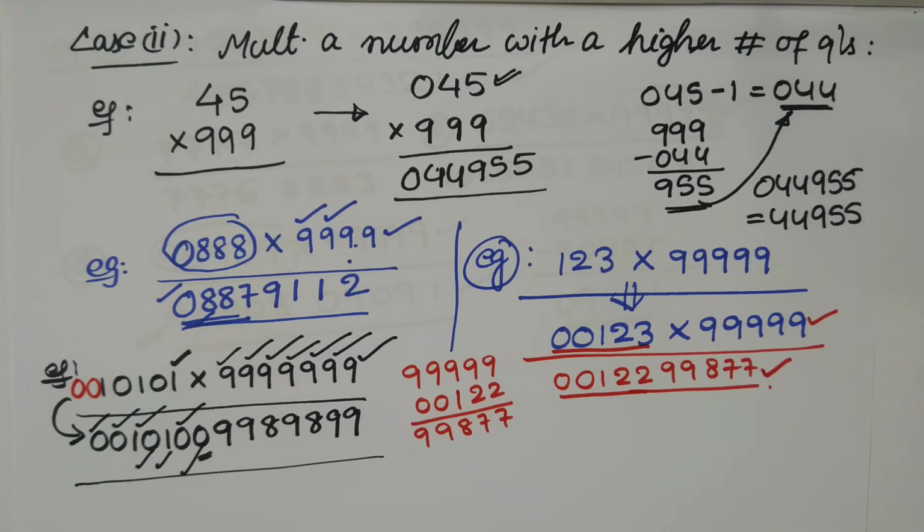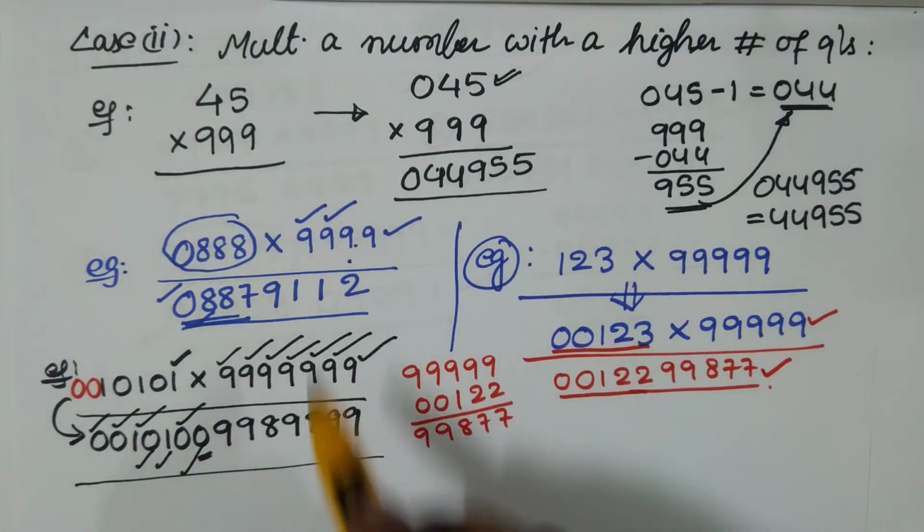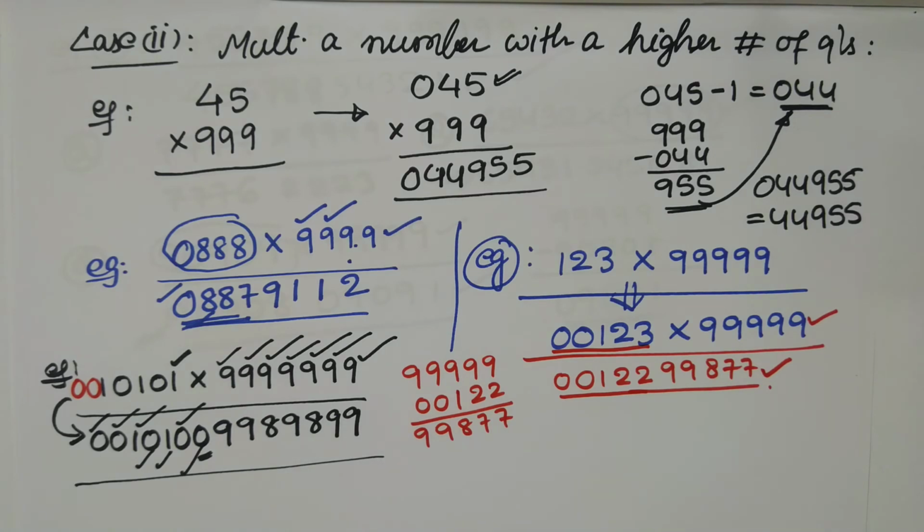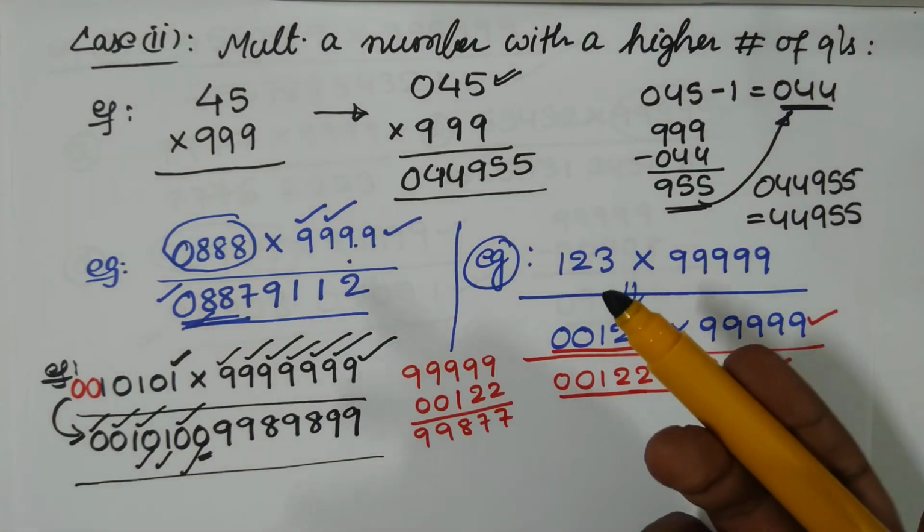So this technique, whatever technique we have as of now, is not only simple and easy to follow, it also enables one to calculate the answer in the mind itself.